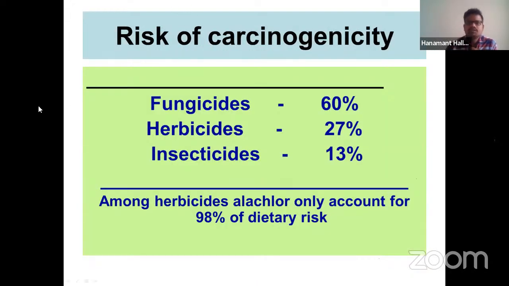Then this is the risk of carcinogenicity of chemicals. If you look at carcinogenicity, fungicides are responsible for the higher carcinogenicity percentage, that is 60%, followed by herbicides at 27%.